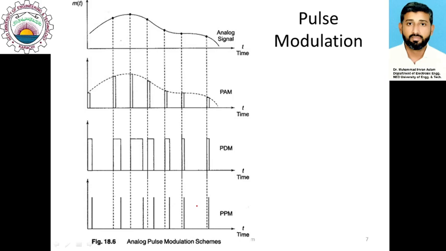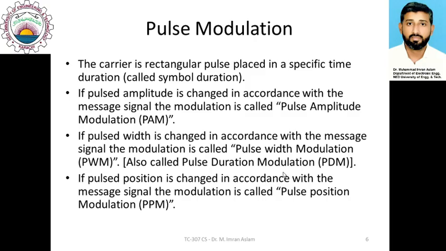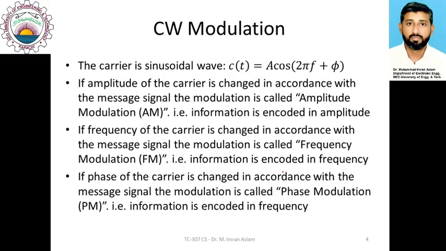So you can see that by using changes in one of the parameters of the pulses, we can easily convey the information that is contained in the message signal. So this was an overview of how we represent signals by using carriers.